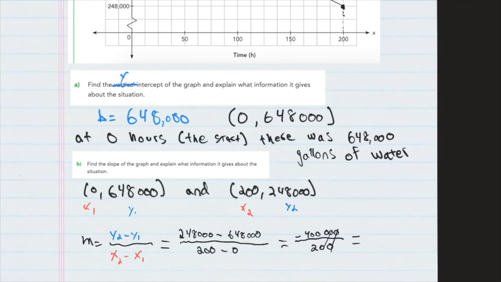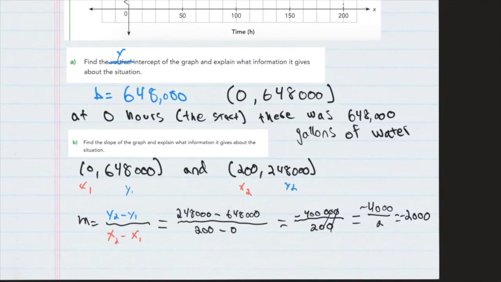So I have 4,000 over 2. And divide that by 2, it's 2,000. So my slope I know is 2,000, and it's negative 2,000.